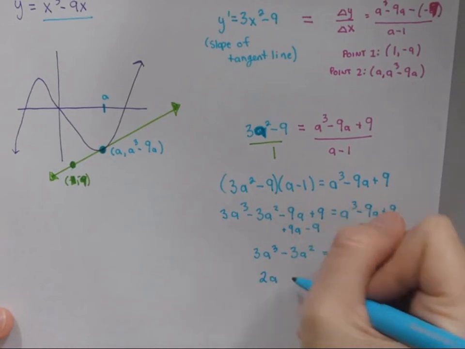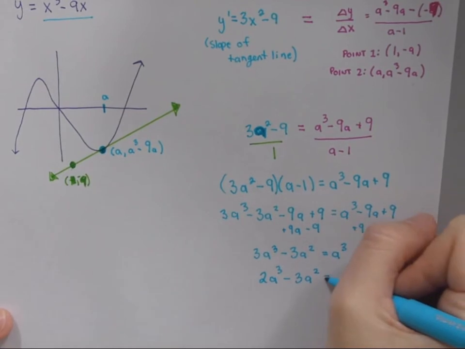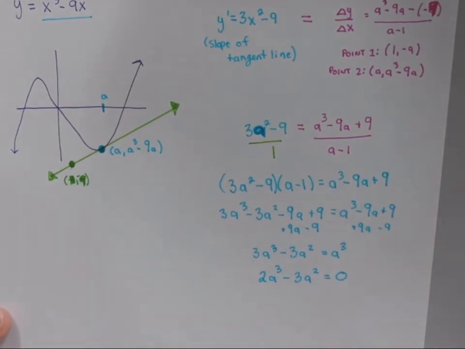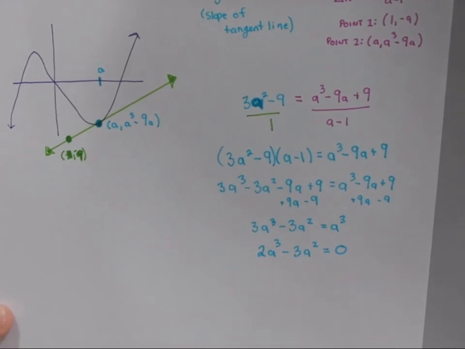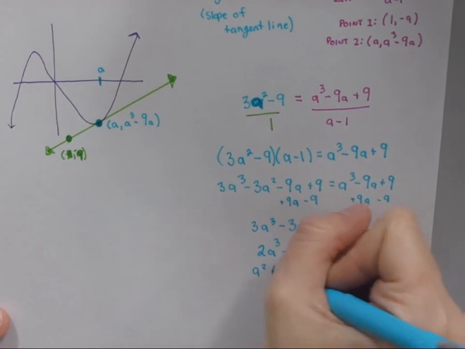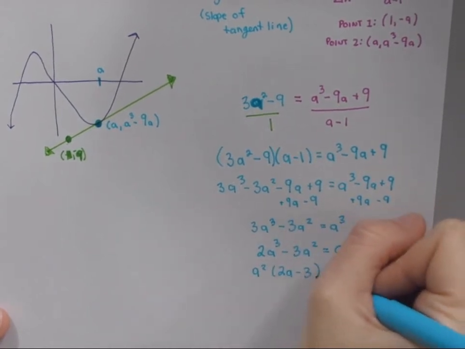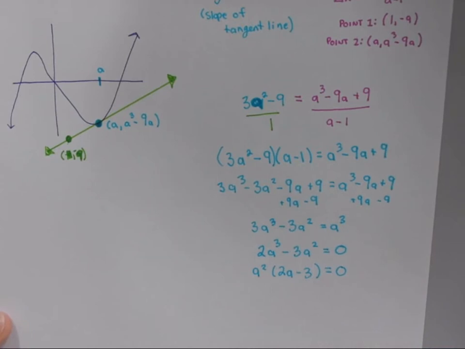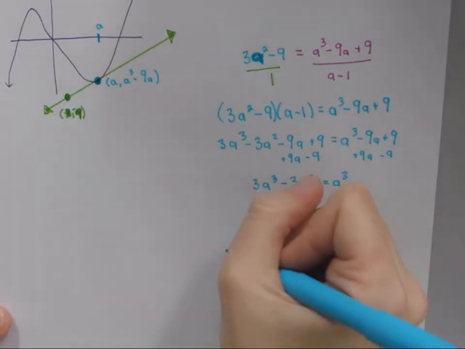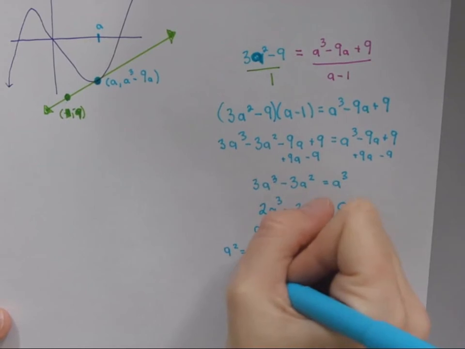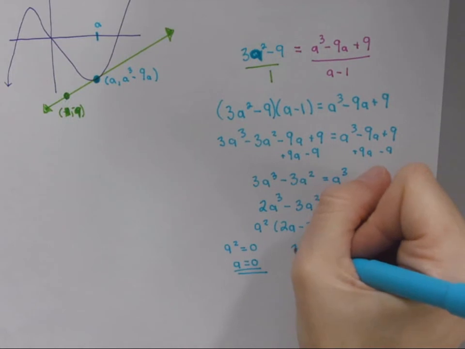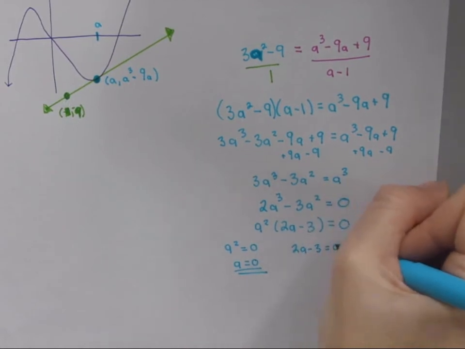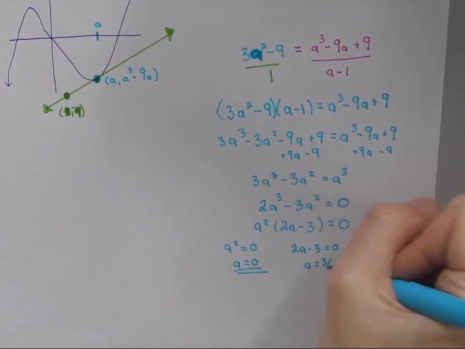So I have 2a to the third minus 3a squared is equal to 0. If I factor out a squared, I'm left with 2a minus 3 is equal to 0. So if a squared equals 0, my first answer is a equals 0. And if 2a minus 3 is equal to 0, then my second answer is 3 halves.